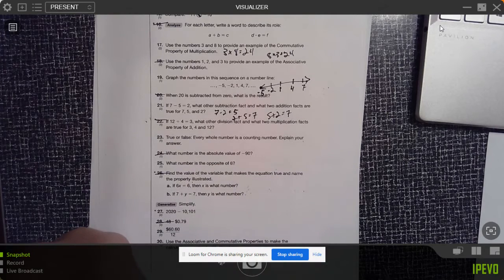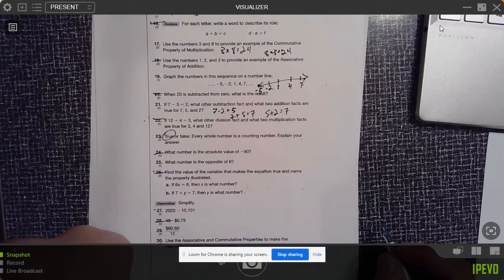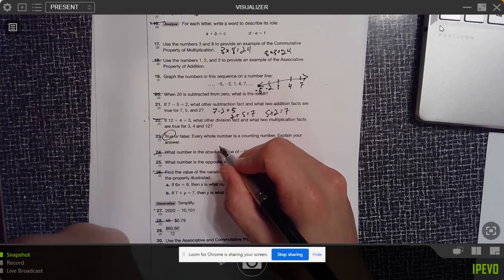True or false, every whole number is a counting number. Let's see, the way they talk about counting numbers. Yes, every whole number that's not negative, yeah, I think that's true. They talk about counting numbers as positive numbers that don't include 0, right?